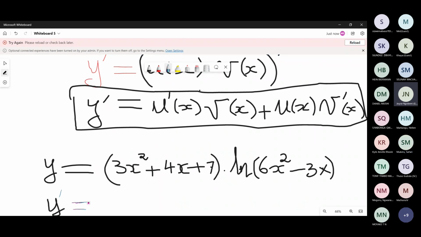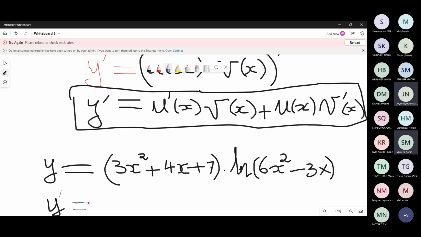Okay, let me check. Here we have y equal to 3x squared plus 4x plus 7. So are we deriving here and saying 2 times 3 is 6x squared? Yes, but before you do that, first you must look at the bigger picture.